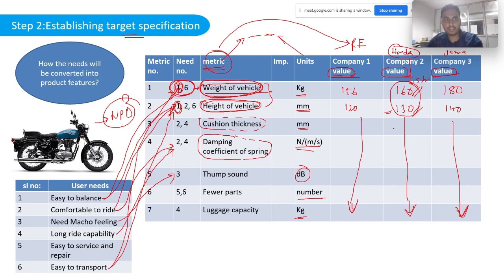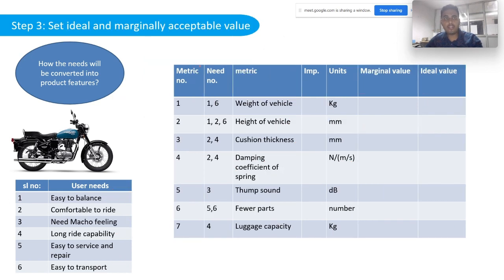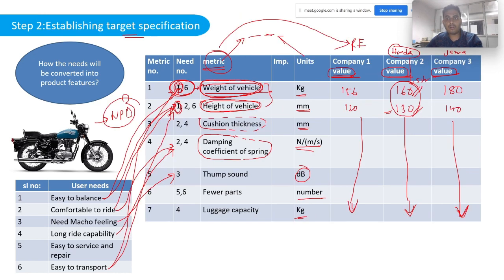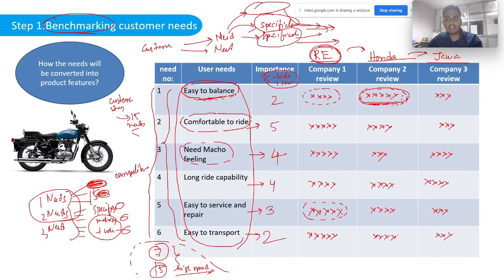Yes, sir. Okay. So after we analyze all sorts of values, we come up with the ideal and marginal acceptable values. Here we have another chart where we have the need statement, the metrics, and the importance, which we already discussed previously. Now for Honda, 160 by 130 is 5 star.